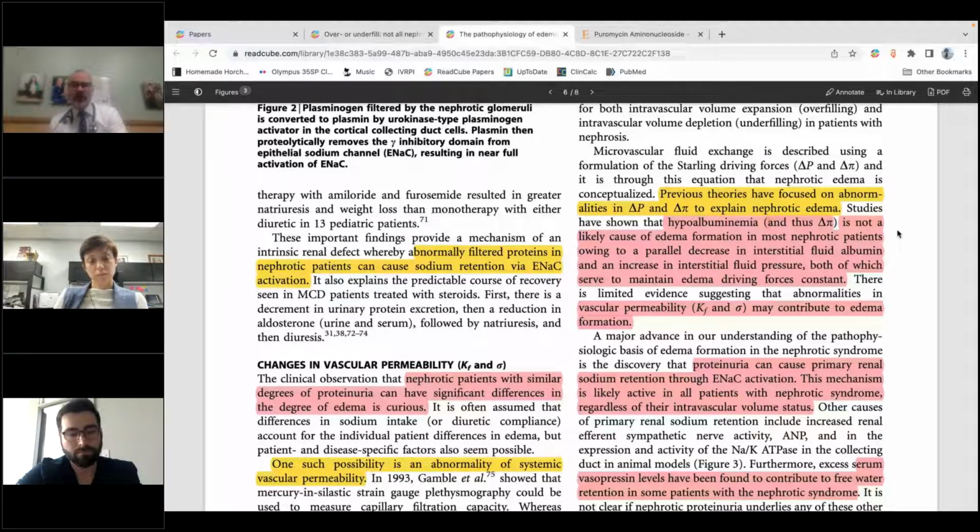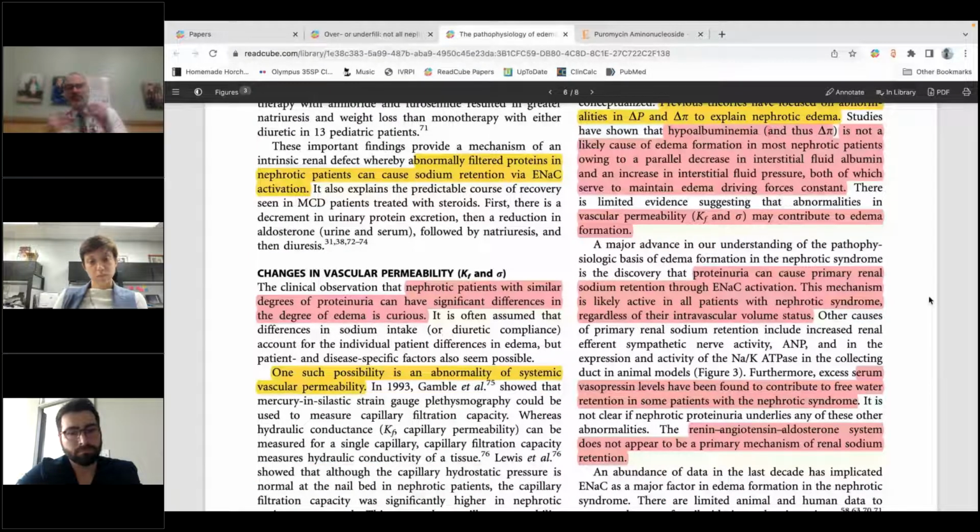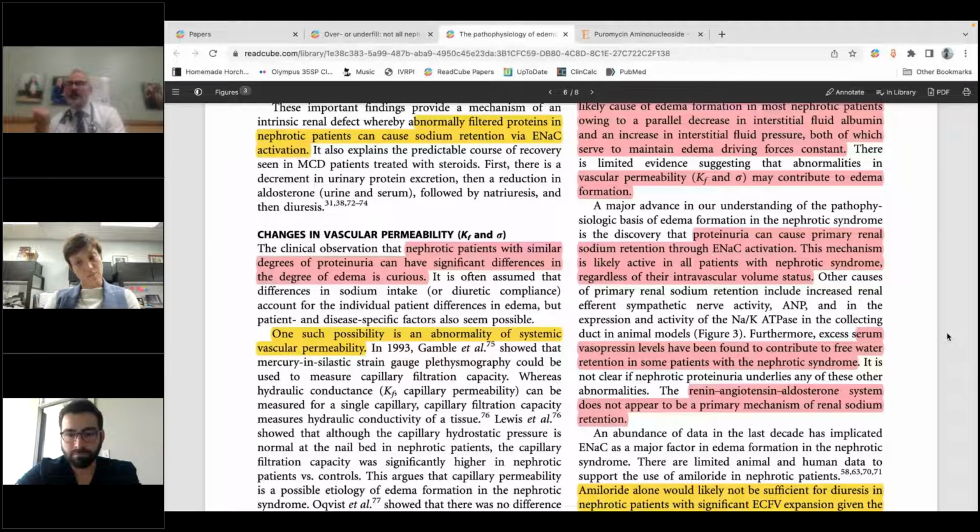But proteinuria can cause this avid sodium retention, and it does seem like the most substantial evidence we have for edema formation in these patients is the overfill theory due to activation of your ENaC channels, causing more sodium to run into the cells, more activation of the basolateral sodium-potassium ATPase, getting that sodium into your vasa recta capillaries. Doesn't seem like this process was dependent upon the RAS system.